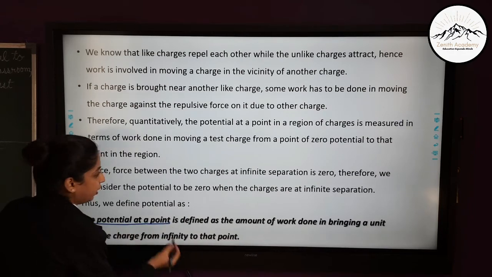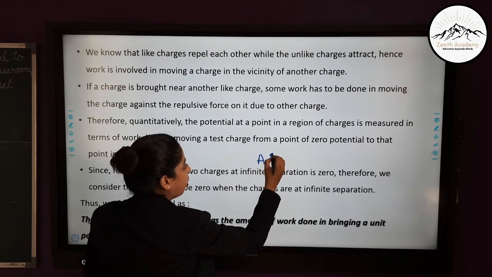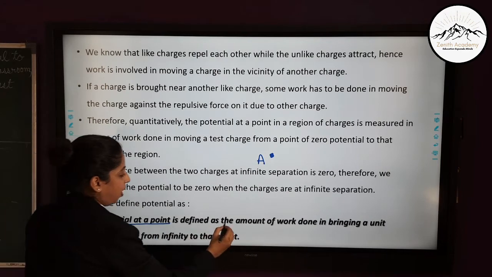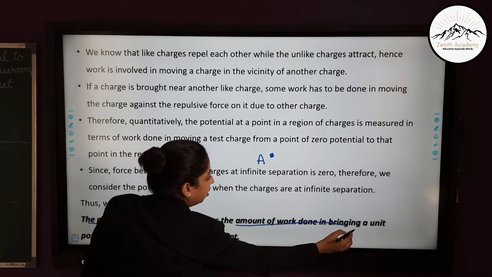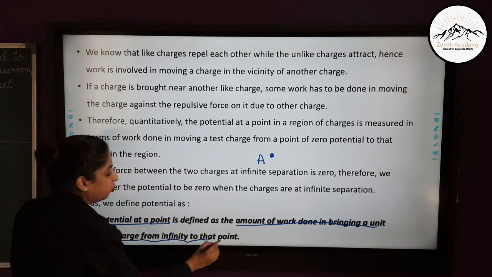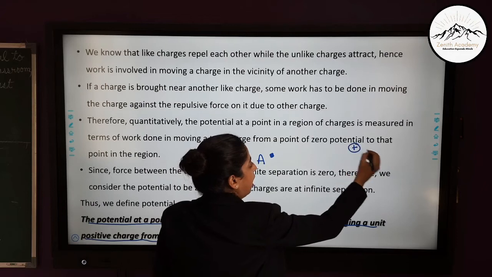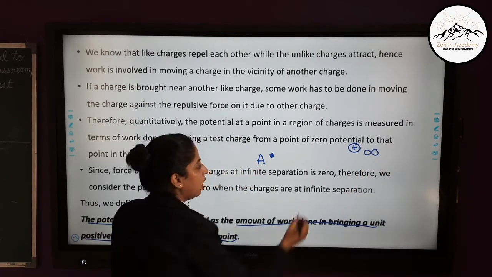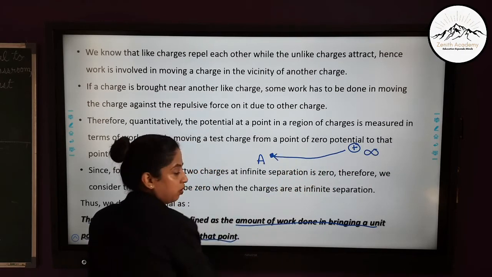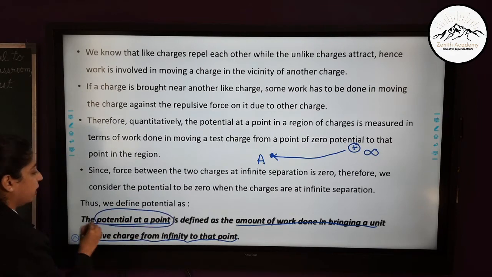Potential at a point. Suppose this is a point A, and at this point we want to determine the potential. The potential at point A is defined as the amount of work done in bringing a unit positive charge from infinity to that point. Suppose another positive charge is here at infinity, then the amount of work done in bringing this unit positive charge to this point is known as the potential at this point.